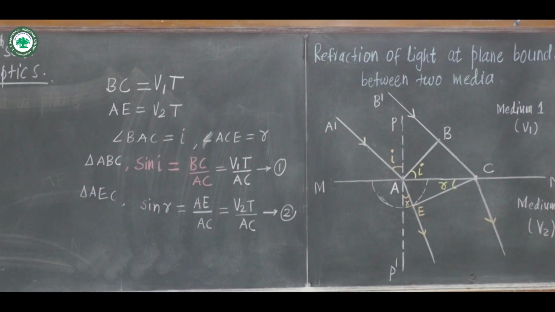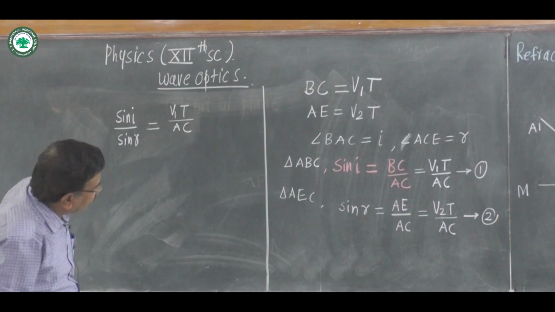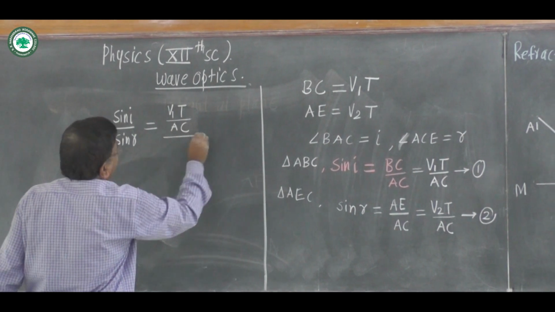Divide equation 1 by equation 2. We write sin I upon sin R, that is V1T upon AC divided by V2T upon AC.